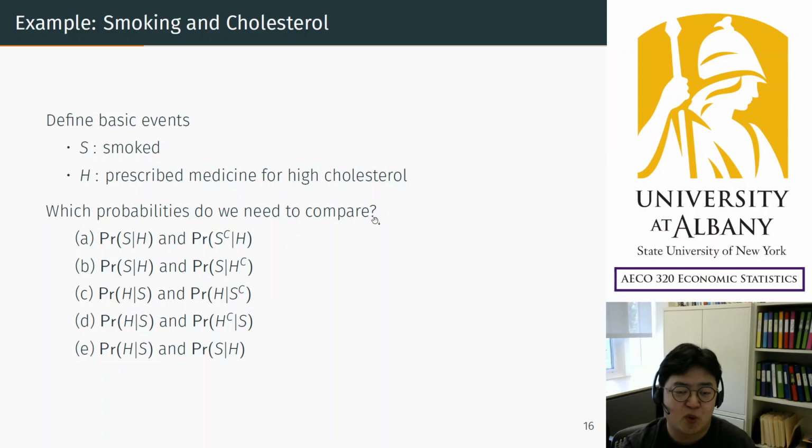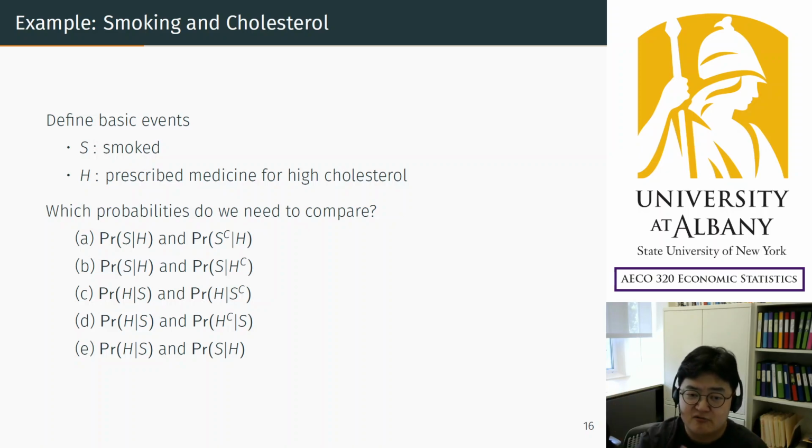This is the most important question because if you cannot answer this question, it doesn't matter if you know how to calculate the conditional probabilities. You have to understand what you need in the first step. Okay, if you need more time to think about it, pause the video.